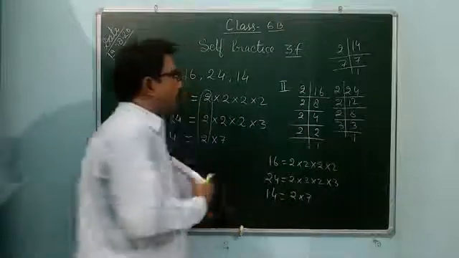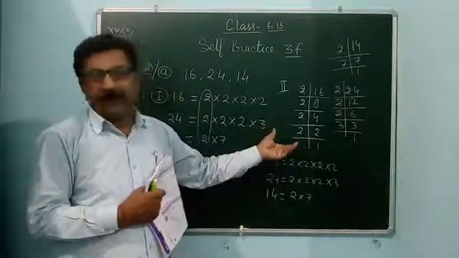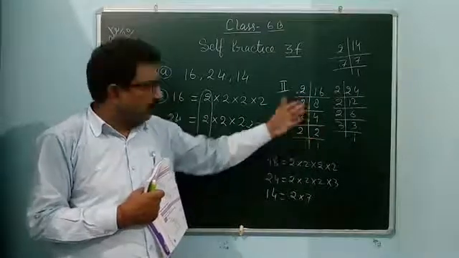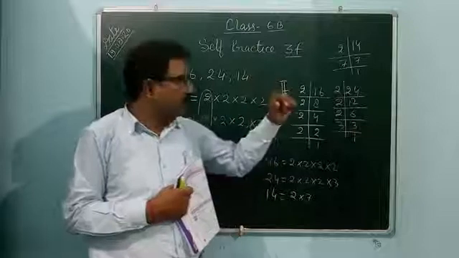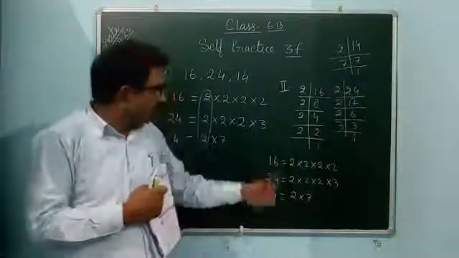So you can do the prime factorization by the continuous division method, separately for 16, for 24, for 14, and you can write it like this.